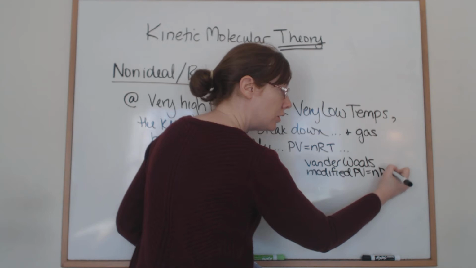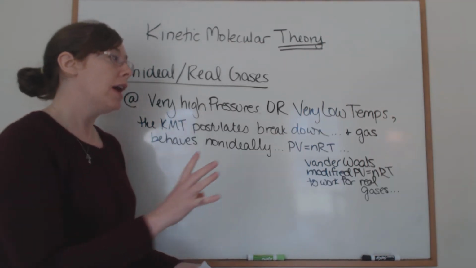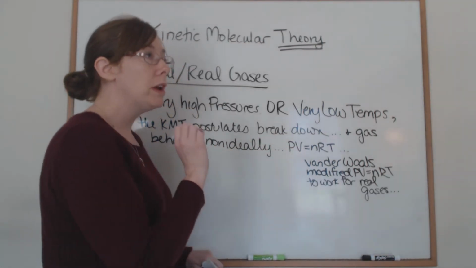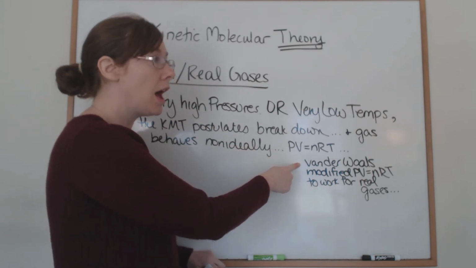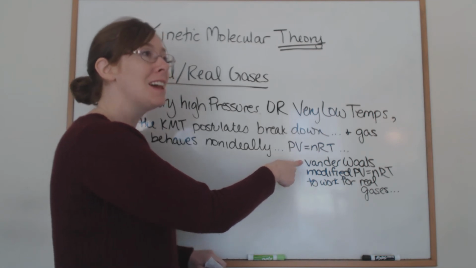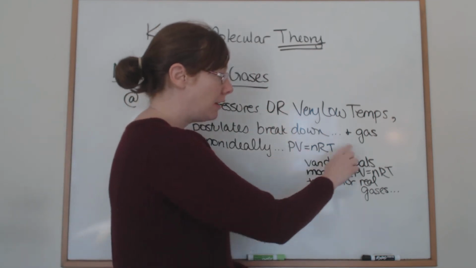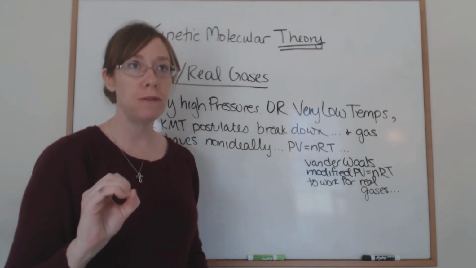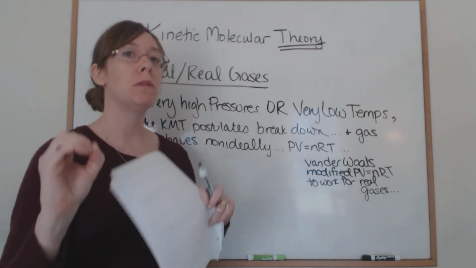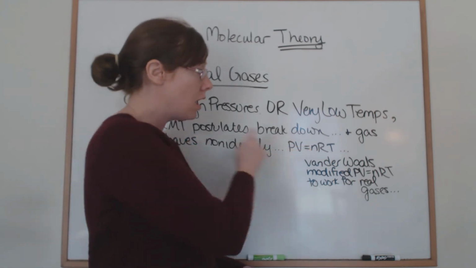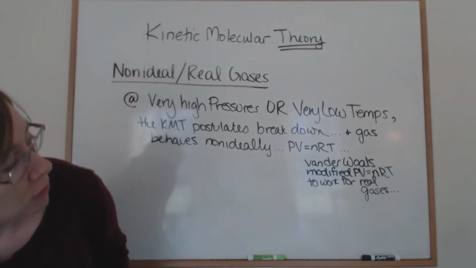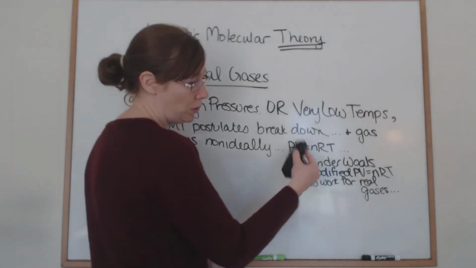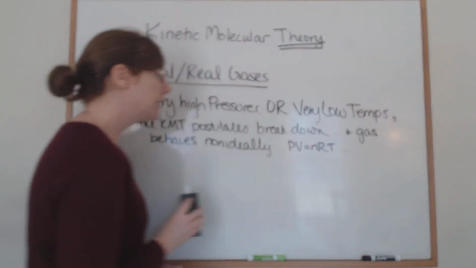Essentially, there's some addition to the equation that he figured out. We are not going to be using the van der Waals equation in this course, but I do want you to know that the van der Waals equation is a modification of PV equals nRT, and that's what it's for. I want you to know that it deals with real gases, and it was him who figured it out. So that's the level that we need to know about van der Waals: mostly his name and what he did. All right, so I'll mention that.